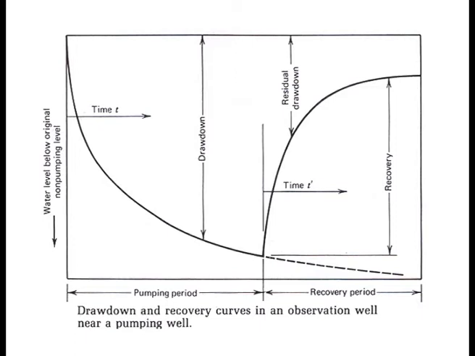In the diagram, you see that for the pumping period there is a drawdown curve, and for the recovery period there is a recovery curve. In the recovery curve you get the residual drawdown, the difference from the original level to the recovery level. The drawdown time and recovery time are clear in the figure given to you.